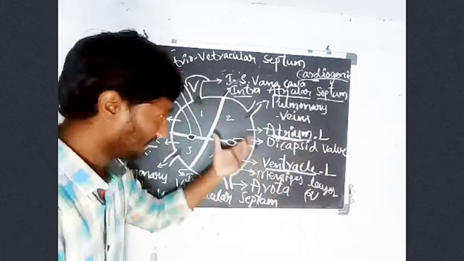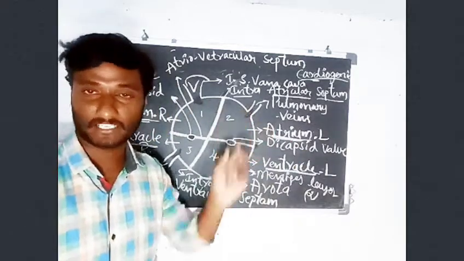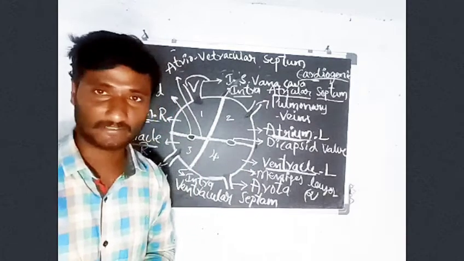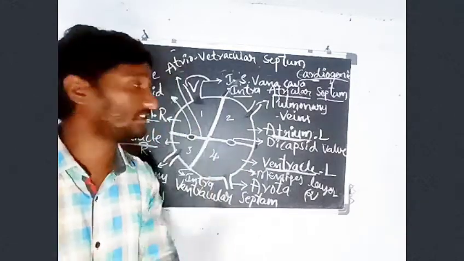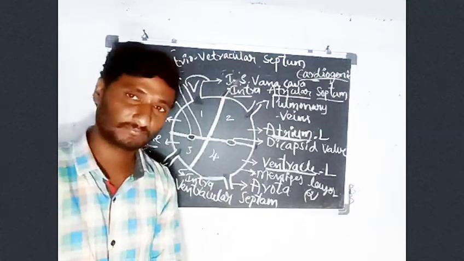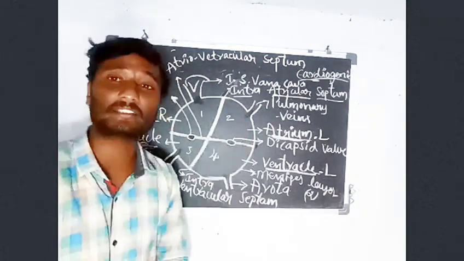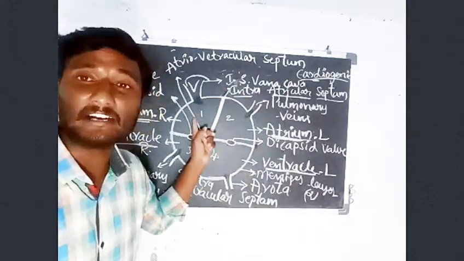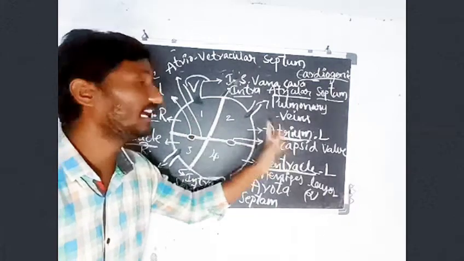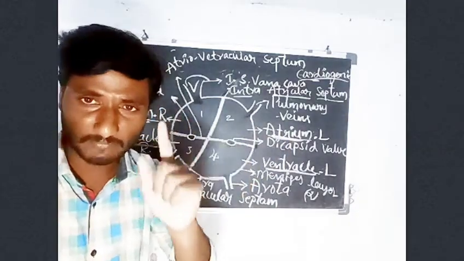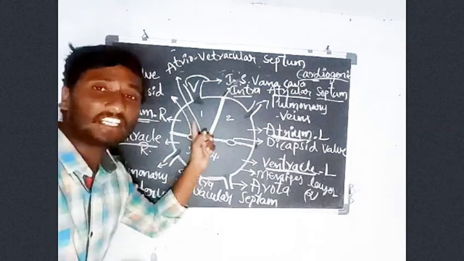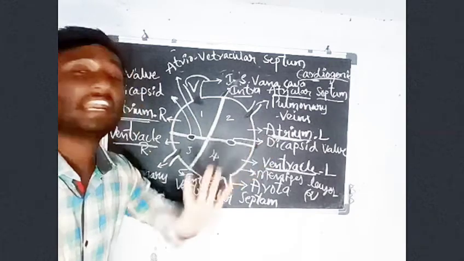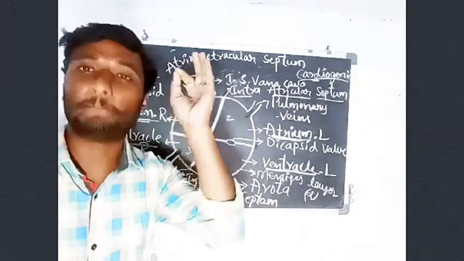Atriums are the upper part of the heart. They are of two types, the left atrium and the right atrium. When we compare the left and right atrium, the right atrium is bigger than the left atrium. Remember, it is a main important key point. Why?